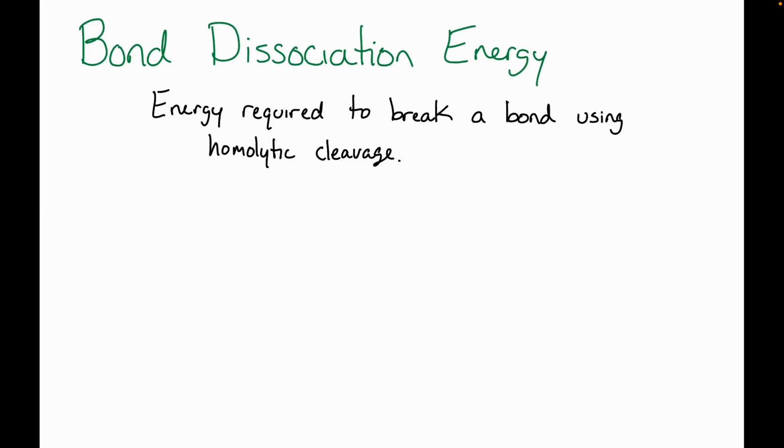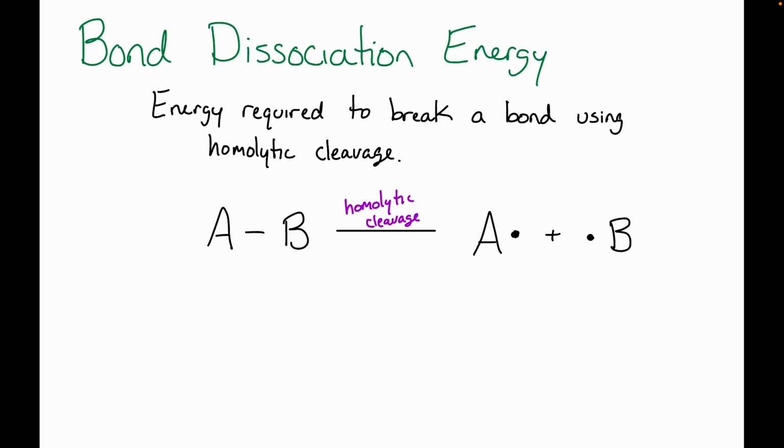Let's say I have a bond between two atoms A and B. A homolytic cleavage is chopping that bond straight in half so that A gets one of the electrons and B gets the other electron.